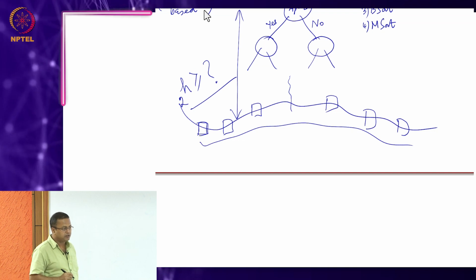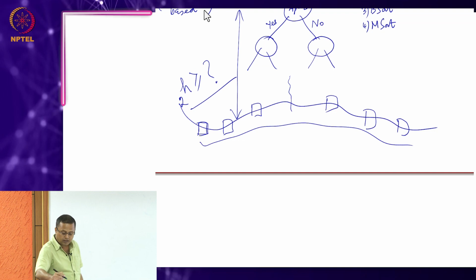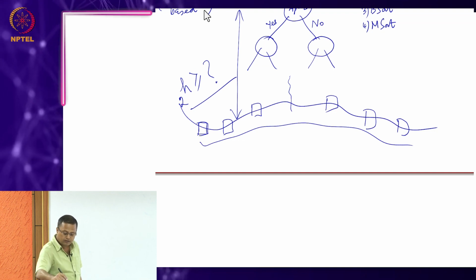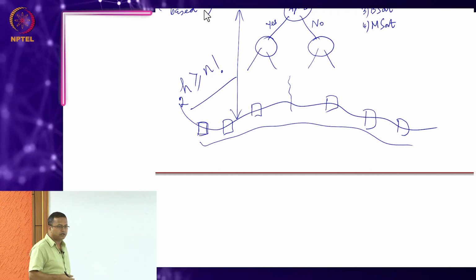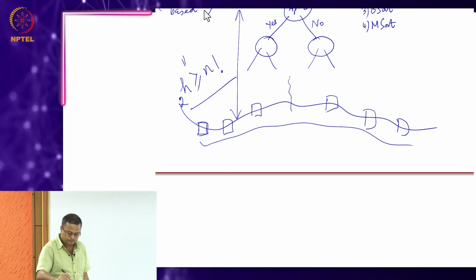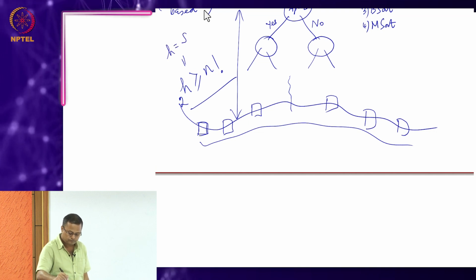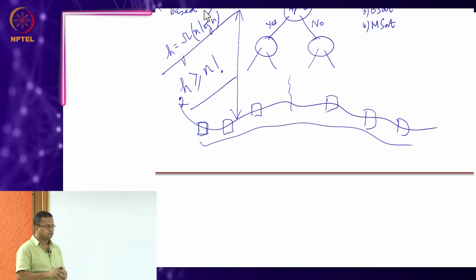If 2 to the power of h is the minimum number of leaves, take log on both sides and you can figure out that h is n log n. So, that is the idea.